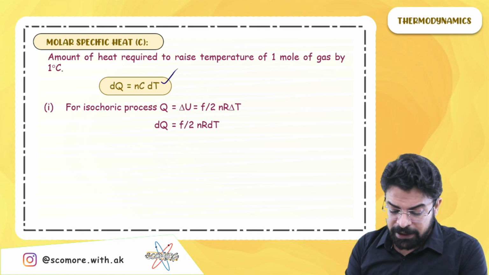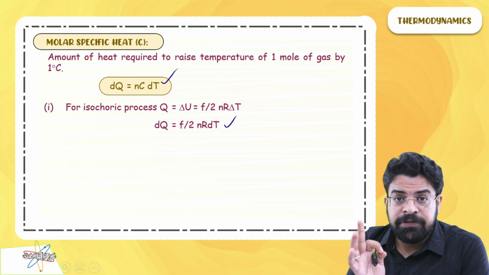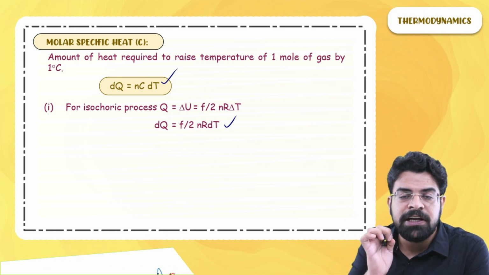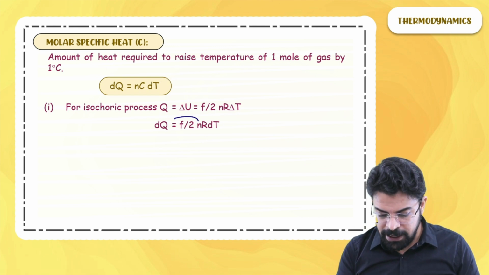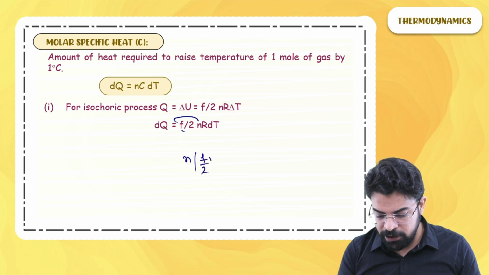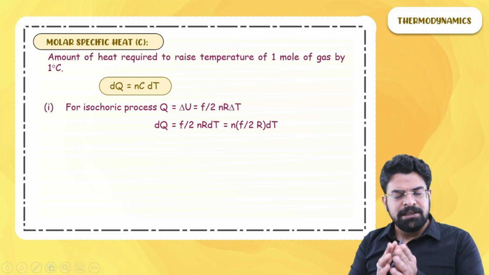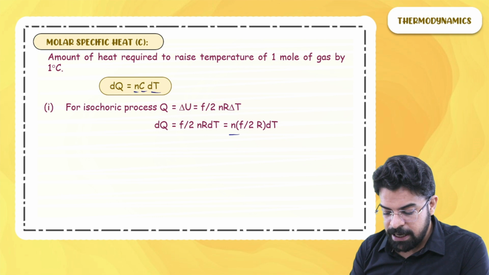Now just by comparing these two, we can find the molar specific heat for an isochoric process, that is, the molar specific heat for a constant volume process. So what to do here? Bring n here and make it look like n into F/2 into R into dT, so that you can compare. Once you have written it this way, you can say nC dT, n something dT.